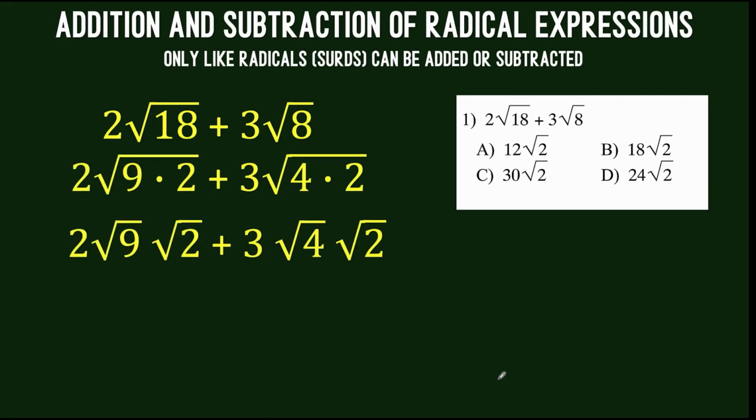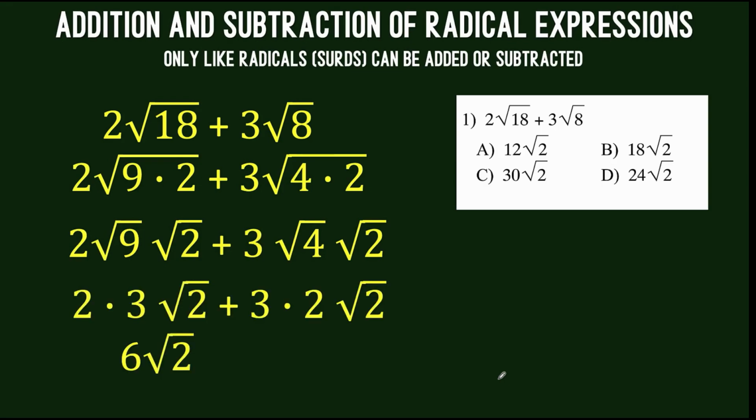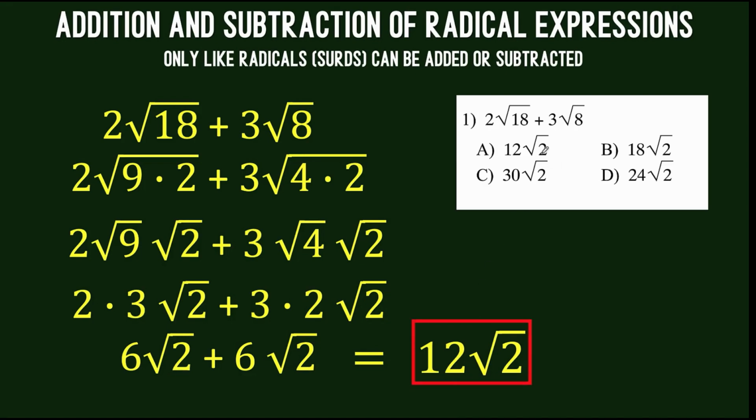Then apply the product property to separate the radicals and simplify whatever can be simplified. And with further simplification, we got 6 square root of 2 here and another 6 square root of 2 at the right. So you have 6 copies of square root of 2 plus another 6 copies of square root of 2. The result is 12 copies of square root of 2, which is letter A. That is how we add radical expressions.